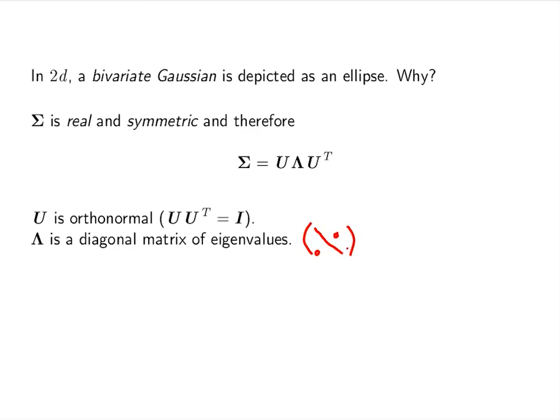And remember, we said it's positive definite, which also means that all the diagonal elements are larger than 0 actually. And here, from the orthonormal property of U, we also know, by the way, that the inverse of U transposed is U.